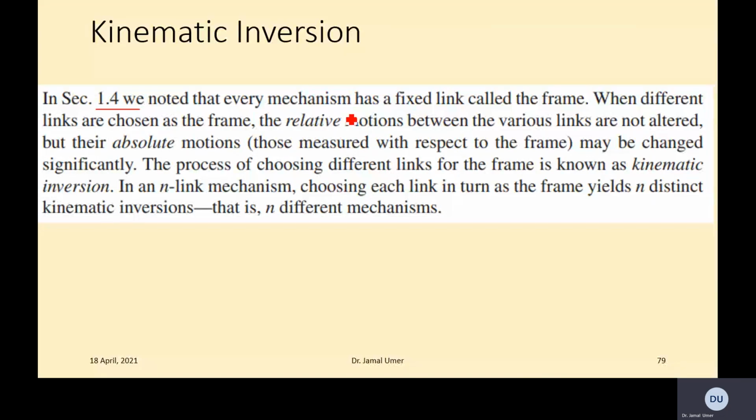In section 1.4 we noted that every mechanism has a fixed link called the frame. In any mechanism, the one which has the fixed link is normally being seen in many different mechanisms.